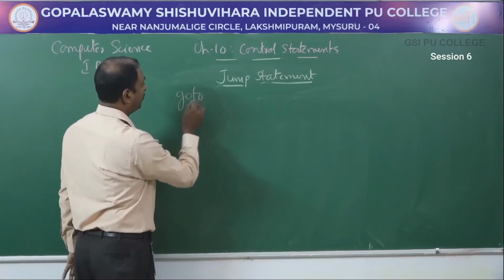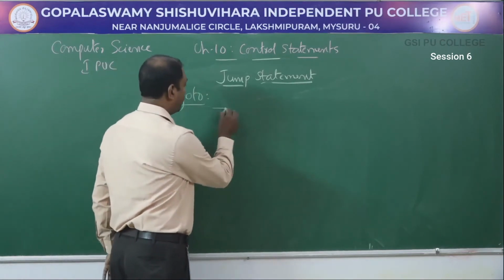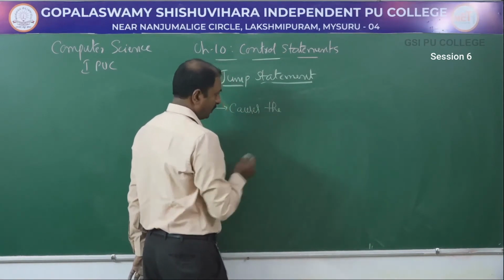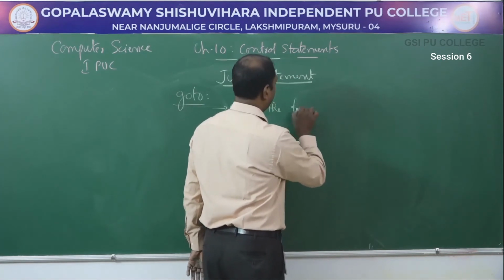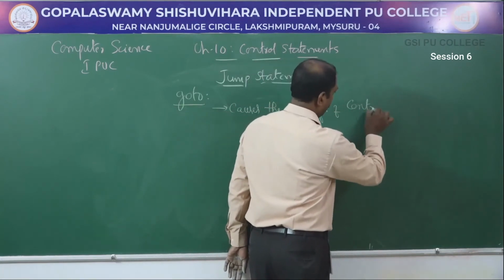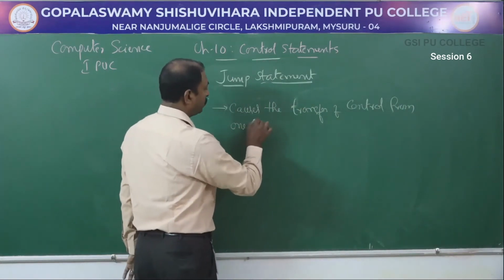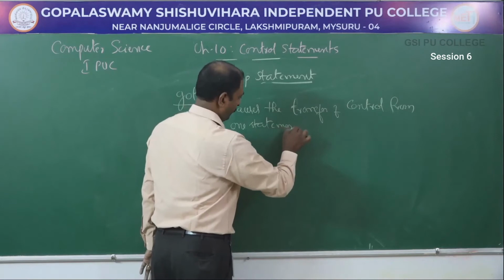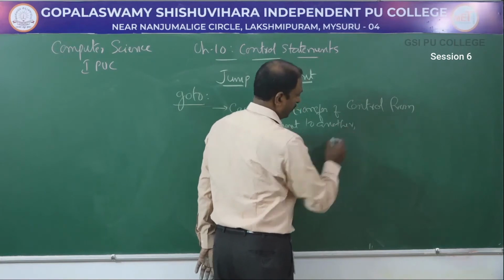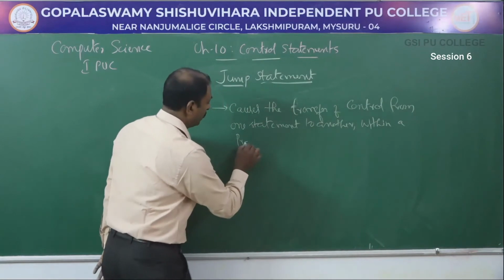Next jump statement is the goto statement. So this is a jump statement. It causes the transfer of control from one statement to another statement within a program.